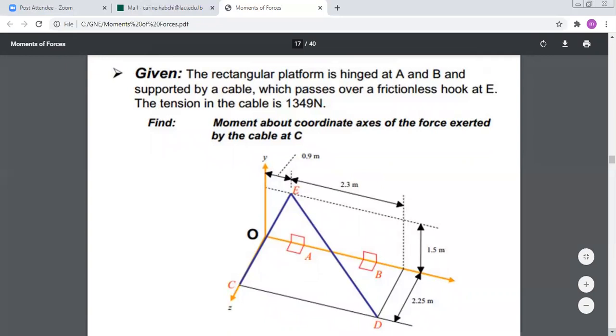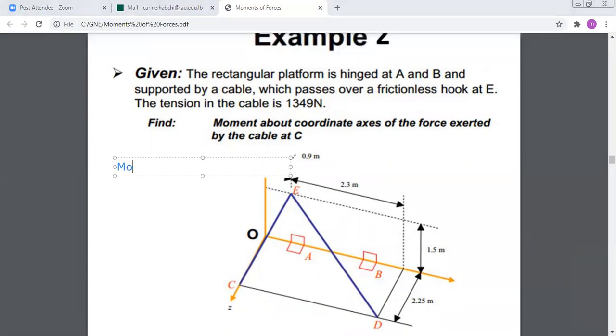So, when they ask for a moment about an axis, you will see that when you do moment about a point, you will obtain a vector. And this vector represents what? For example, when I calculate MO as a vector, what will I get?